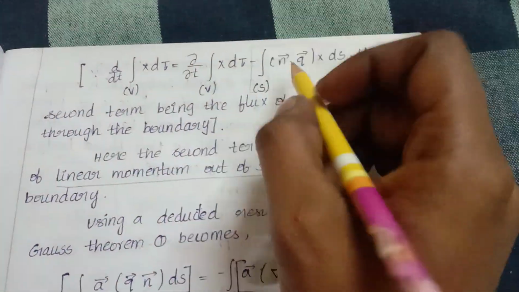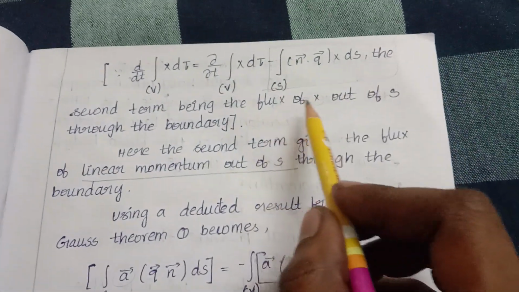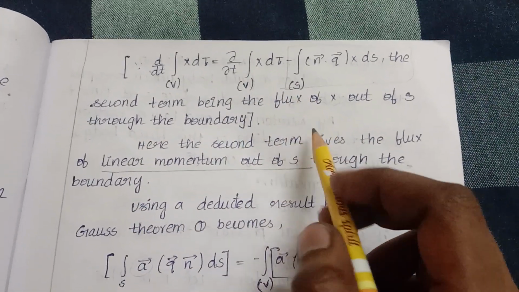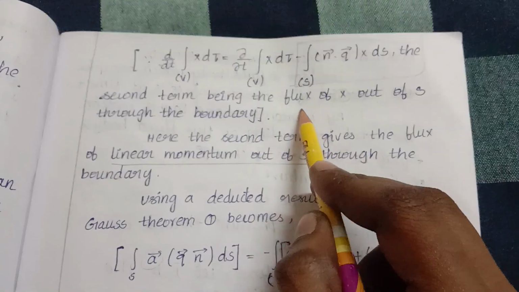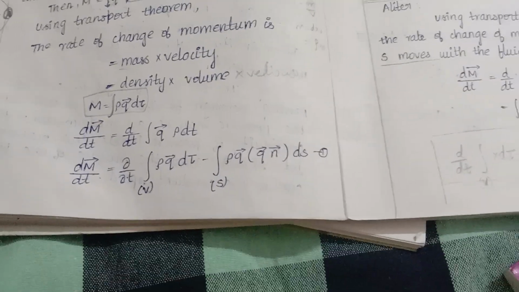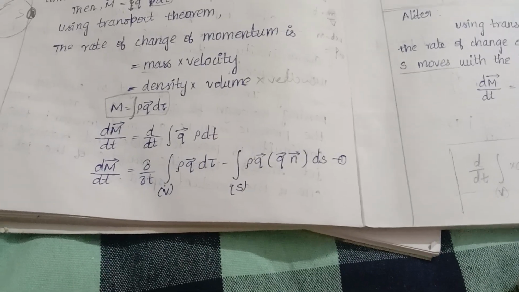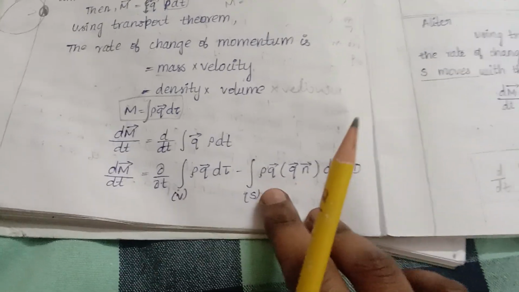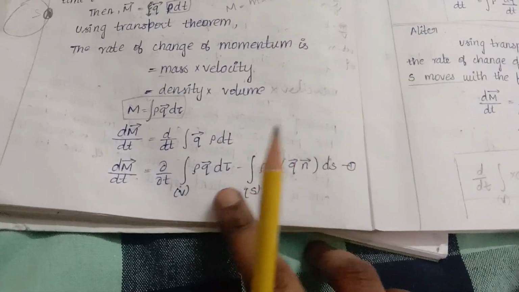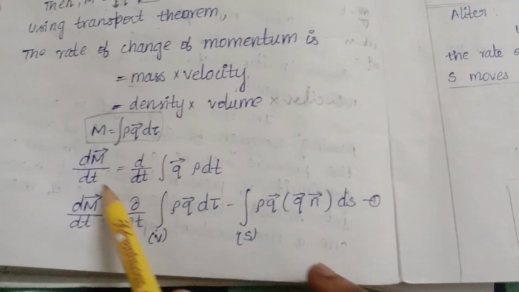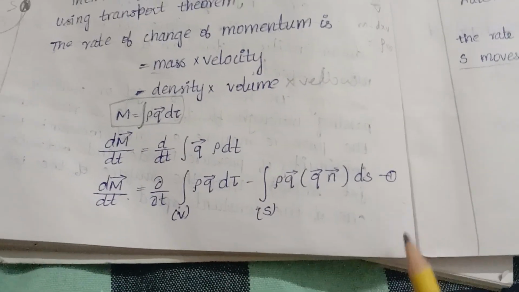The second term refers to the flux of chi out of S, which means the rate of flow of fluid outside the boundary through the surface S. So we get dou by dou t of the integral of rho q vector d tau minus the integral of rho q vector into n vector ds. This is known as the transport theorem.